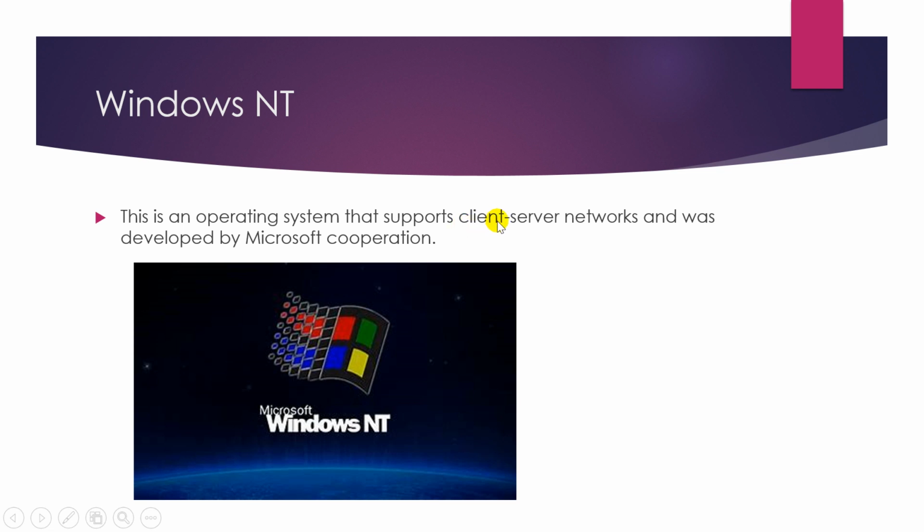Clients are PCs, mobiles and other devices that take or load information from a server. It means the server provides services to the clients. Clients use services from servers. So the first Windows that was able to make a connection between devices was Windows NT.